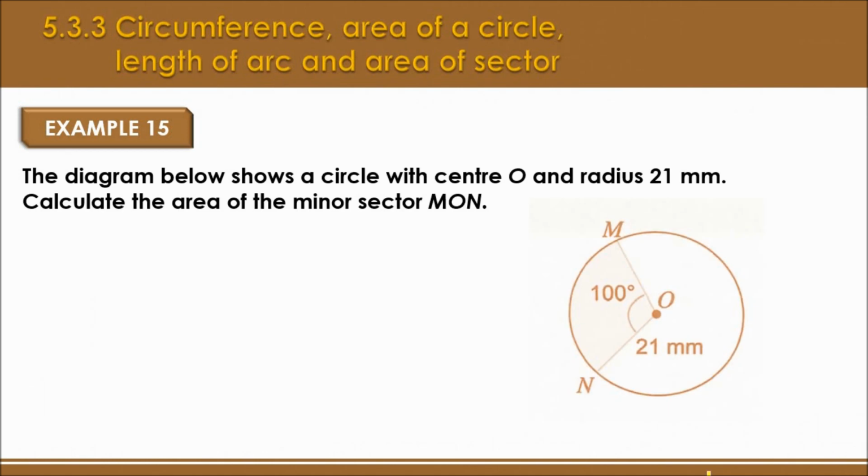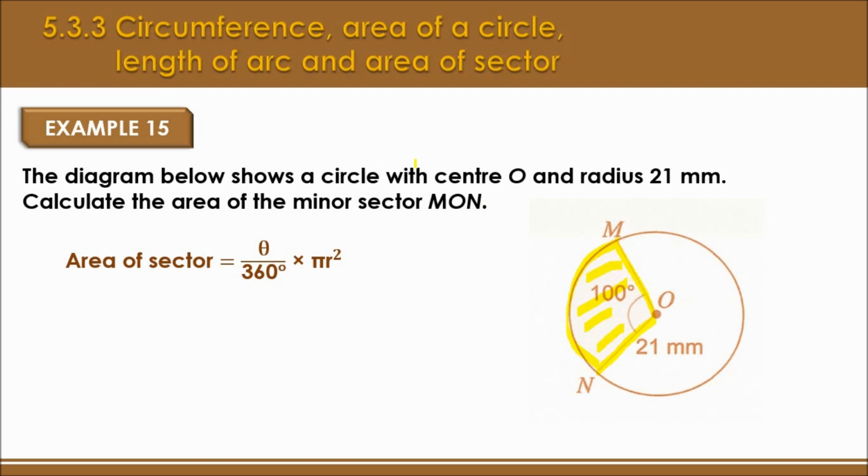Now we look at example 15. The diagram below shows a circle with center O and radius 21 mm. Calculate the area of minor sector. The area of minor sector is this region, the sector MON. So how to calculate the area of the sector? Look at the formula.